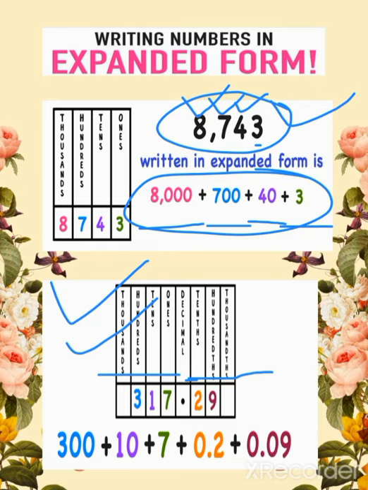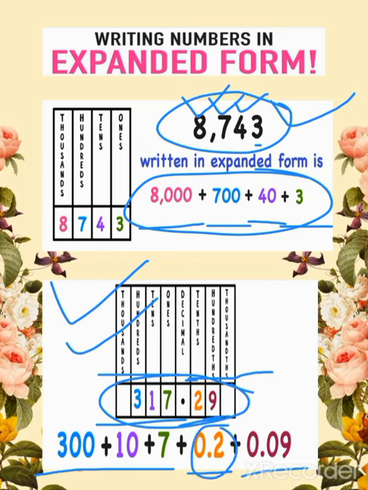Let us suppose our number is 317.29 and we have to write its expanded form. 317 can be easily written as 300 plus 10 plus 7. But 0.29 can be written as 0.2 plus 0.09, because in the tenths place it is divided by 10, it is a part of 10, and at the hundredths place it is a part of 100. So we will write it as 0.09. So basically this is the expanded form for any decimal number.